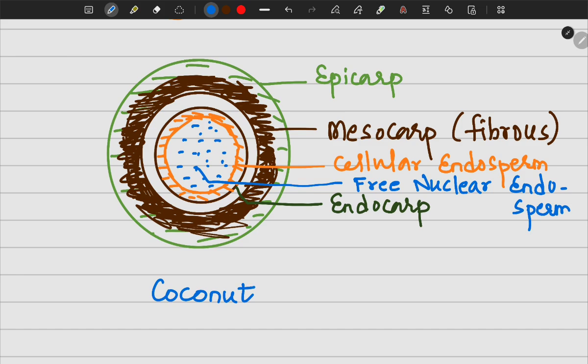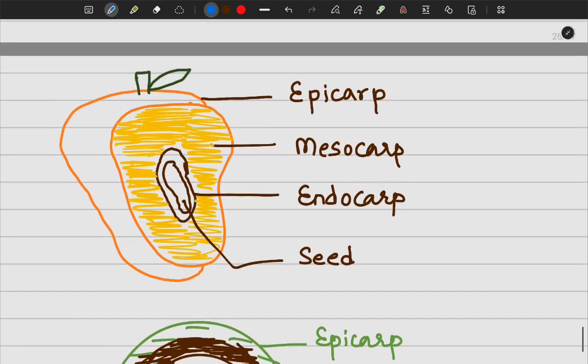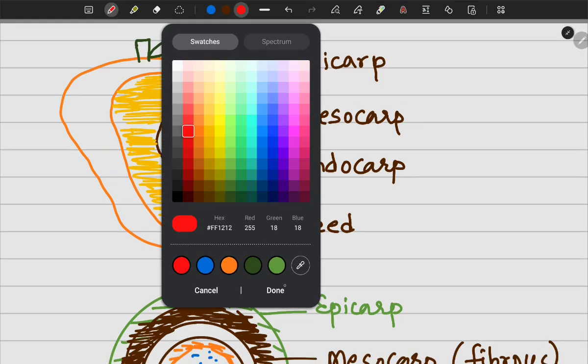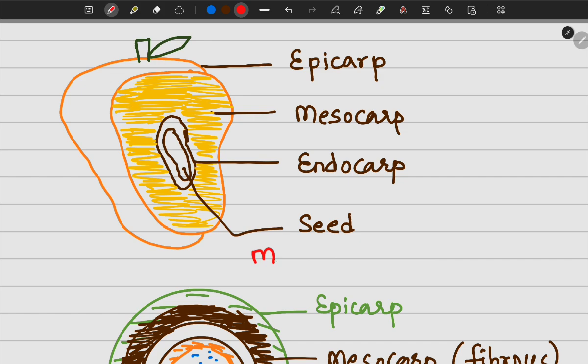We studied two drupes and their structures, along with the different parts of the fruit wall: coconut and mango. In mango, the mesocarp is the fleshy edible part.